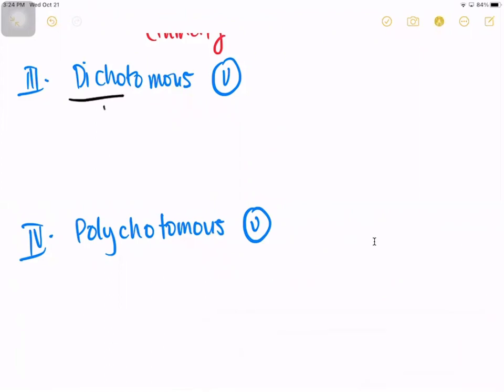Now, this is also easy to distinguish or differentiate because when we say dichotomous, we base it on the prefix dicho, which means two. Dicho, which means two, that means that a particular variable only assumes two categories or two classification only. Okay, so two category, or two classification.